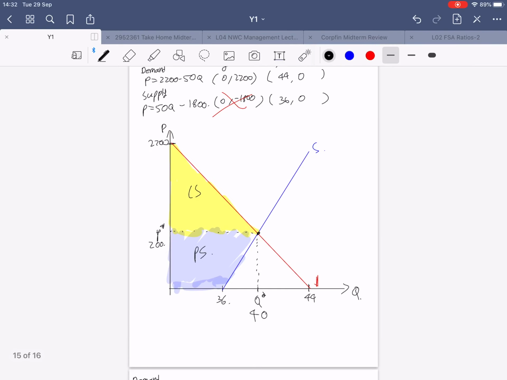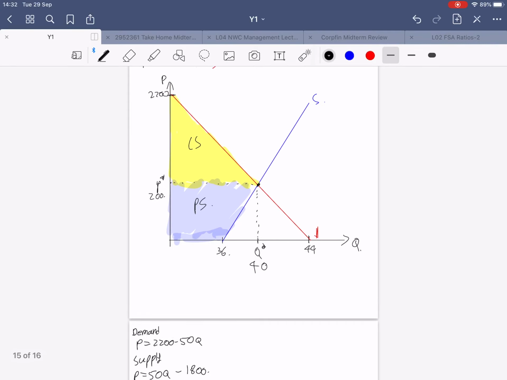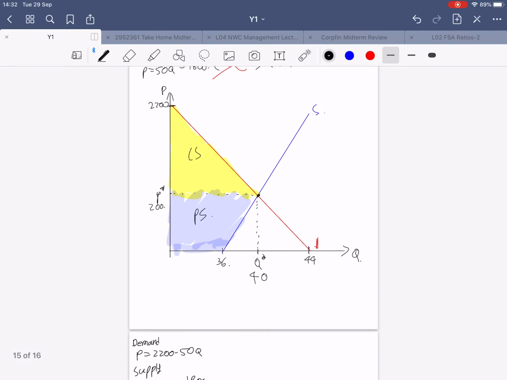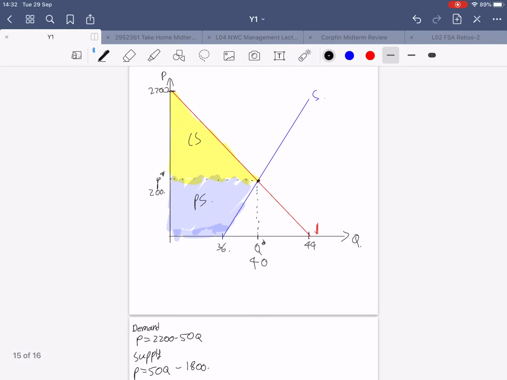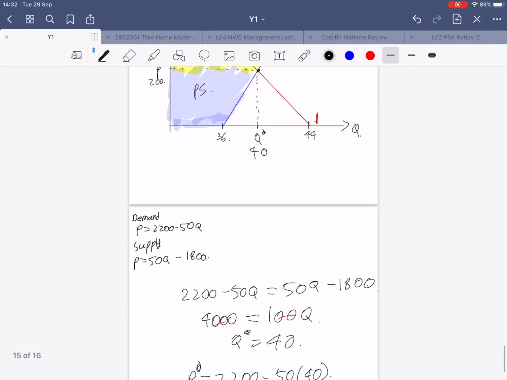So we can use the areas of a triangle, and this is called a trapezoid, to find the area of CS, PS, and SW, which is the sum of CS and PS.